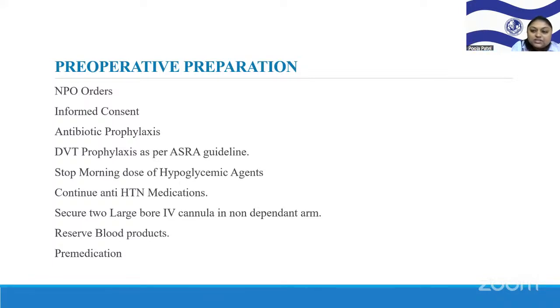Whenever general anesthesia is considered, sir, we should always anticipate that it can be a difficult intubation, and hence the difficult airway cart should be kept ready. Sir, giving sniffing position or neck extension during intubation can lead to C1, C2 joint subluxation and can lead to neurological injuries, so meticulous care has to be taken during intubation.